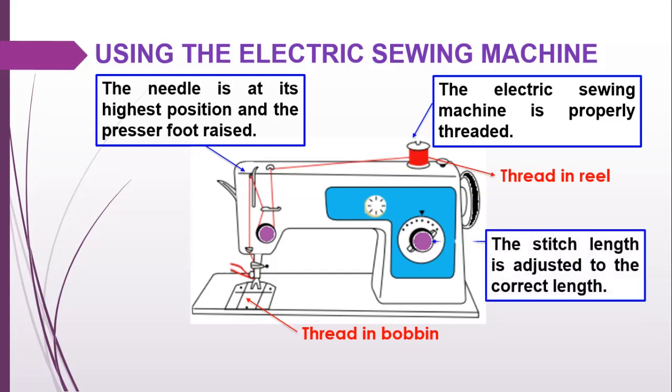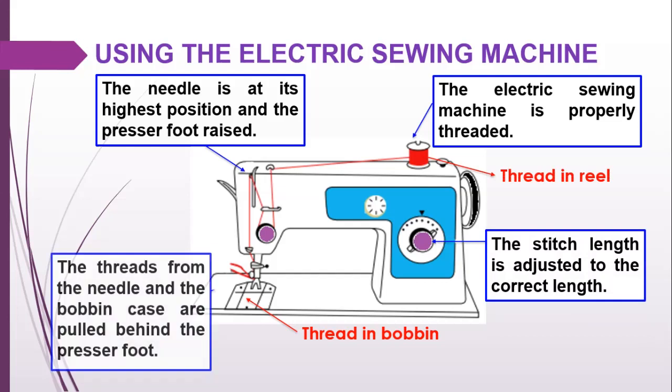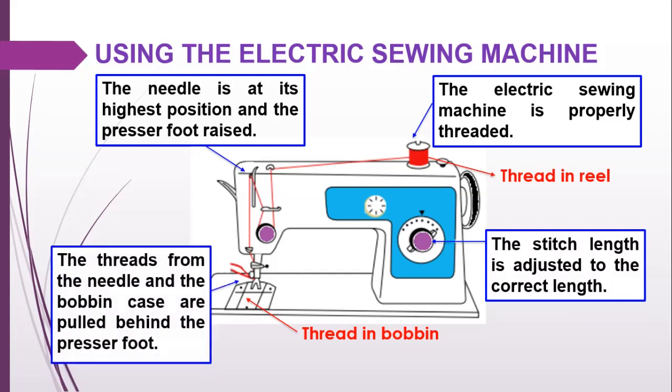The stitch length should be adjusted to the correct length. And finally, the threads from the needle and the bobbin case should be pulled behind the presser foot. Now that the sewing machine is ready, we can proceed with the stitching.